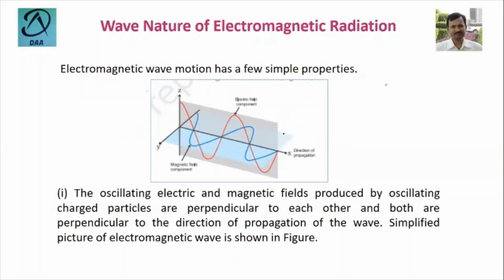Here we are mentioning that the oscillating electric and magnetic fields produced by oscillating charged particles are perpendicular to each other. That means the z direction is for the electric field component and the y direction is for the magnetic field component, so the z and y axes are perpendicular to each other.